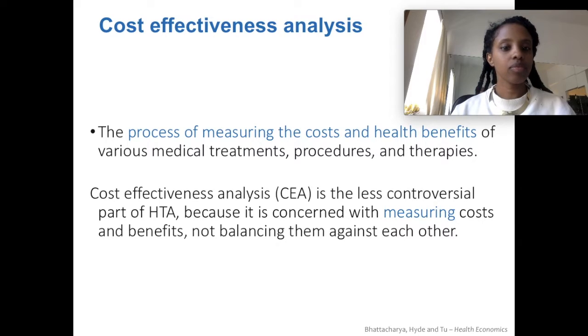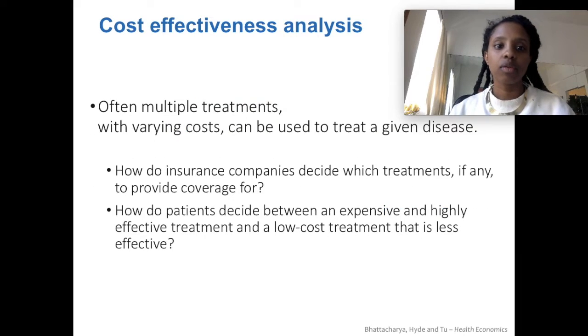And so this is the process of measuring the costs and benefits of health care, like medical treatments, procedures, and therapies. It's the less controversial portion because it's just concerned with measuring those costs and benefits, not necessarily balancing them against each other to make an optimal choice. With cost effectiveness analysis, there's often multiple kinds of treatments that you could choose from to treat any particular disease.